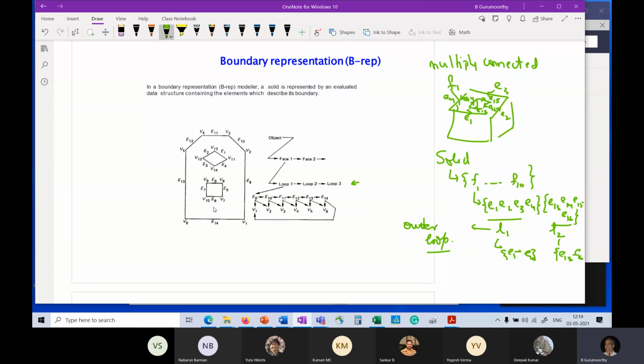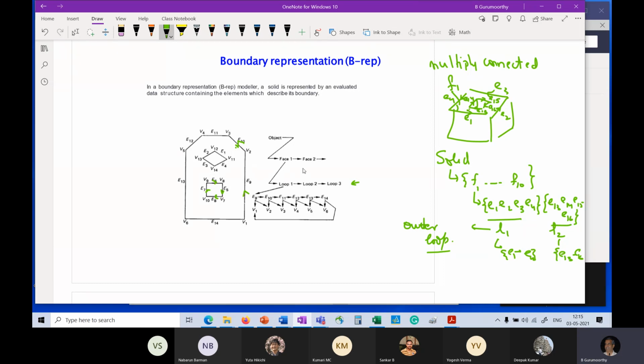E13 is here, so this must be the one. Okay. So loop 1 is the outermost one: E9, E10, E11, E12, E13, E14. So the traversal is in this direction, and therefore the convention is that the material is always to the left. And then the other two loops will have a traversal in this direction, and that will fix that.